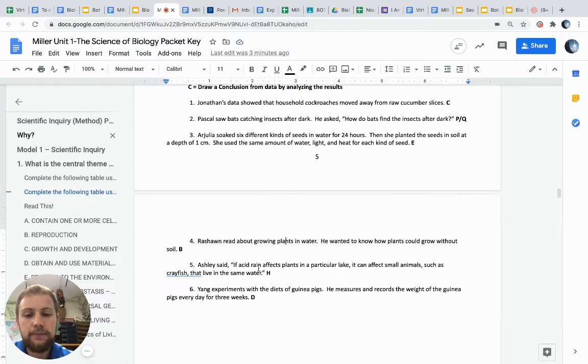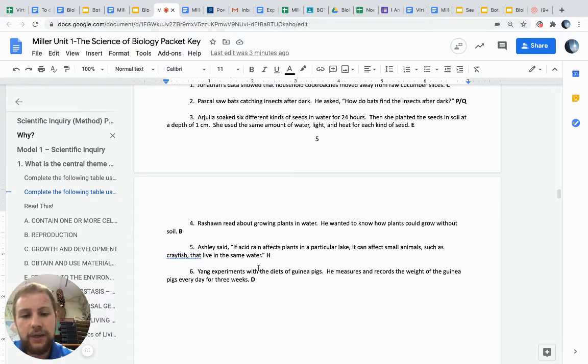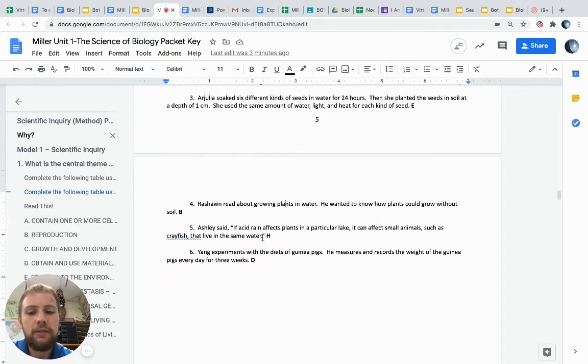This one could also be P/Q, but I would consider it more B because he's doing some background research. Number 5, Ashley said, if acid rain affects plants in a particular lake, it can then affect small animals, such as crayfish, that live in the same water. So, let's think about this. We can see the format of this is similar to an if-then statement. If acid rain affects plants in a particular lake, we could put a then here, then it can affect small animals.